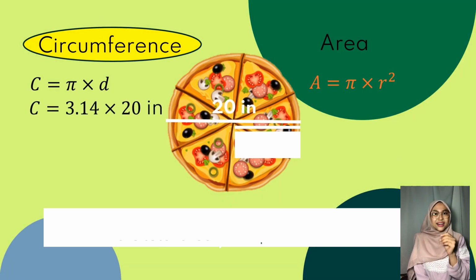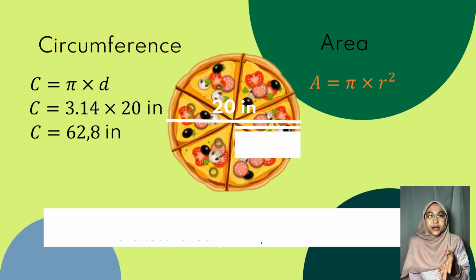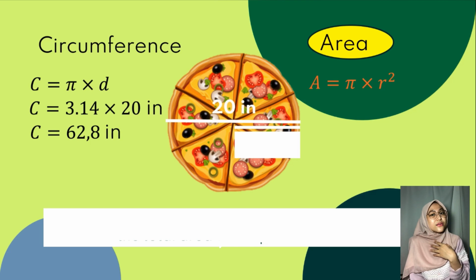Then we will find the area of this pizza. We start by squaring the radius, but the problem didn't give us a radius. They gave us the diameter. So we have to calculate the radius from the diameter. Fortunately, that's really easy. The radius is just half of the diameter, so we just need to divide the diameter by 2. 20 inches divided by 2 equals 10 inches for the radius.